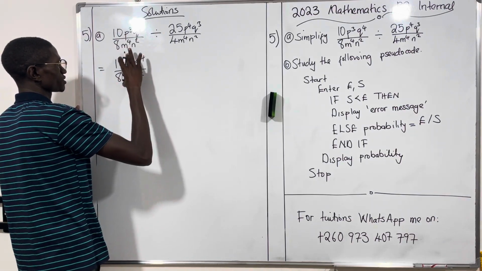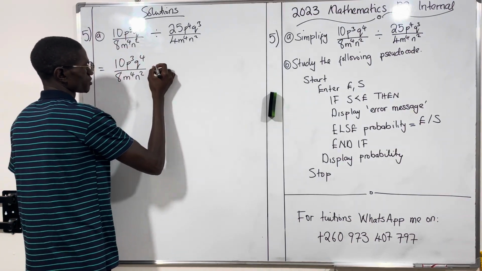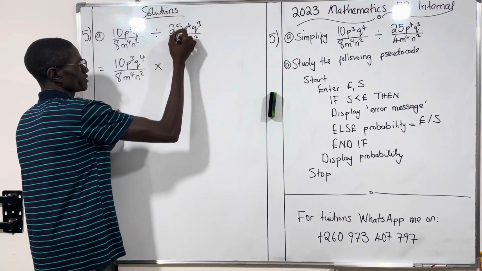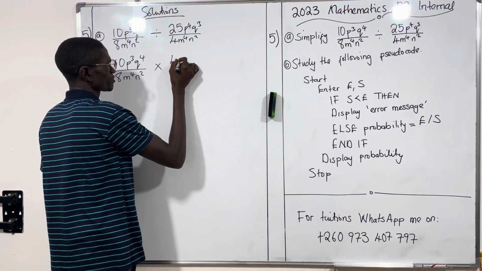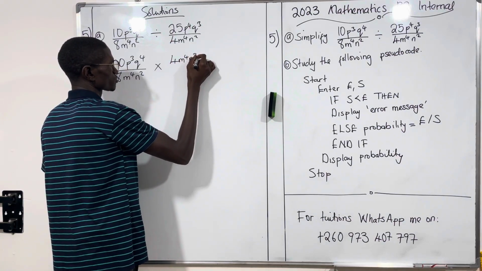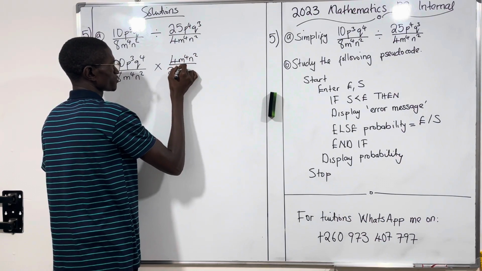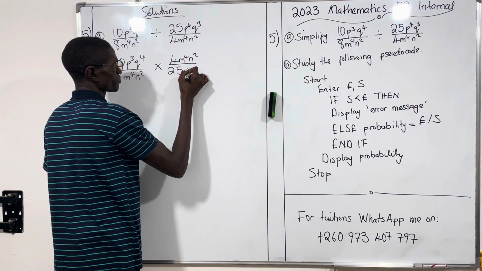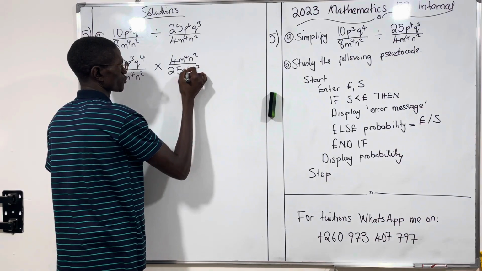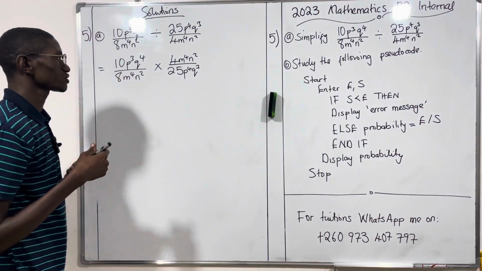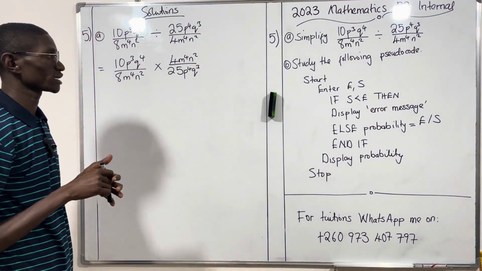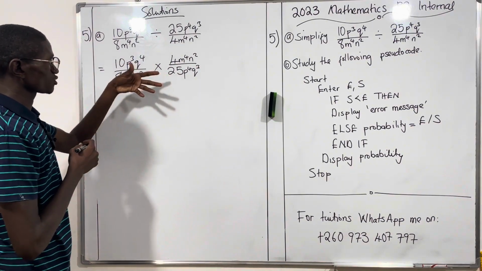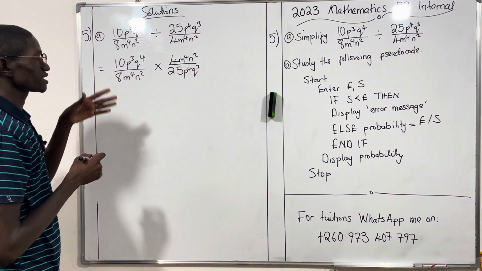So we've kept this one the way it is, and then we change that to multiplication, and then we flip these values. So the 4m to the power 4 n squared goes on top, and then the 25 to the power 4 q cubed comes down here. You notice these values are usually strategically placed when you do the keep, change, flip. That's when you can easily reduce.